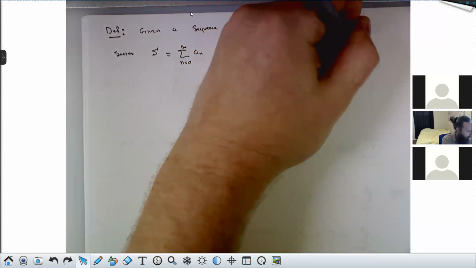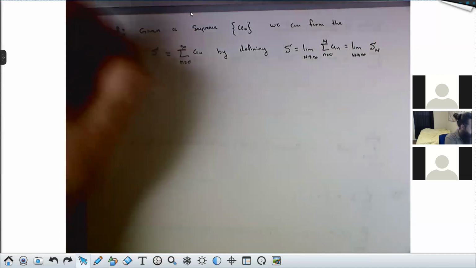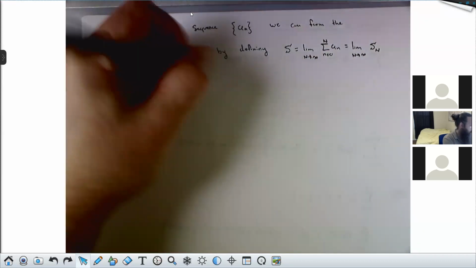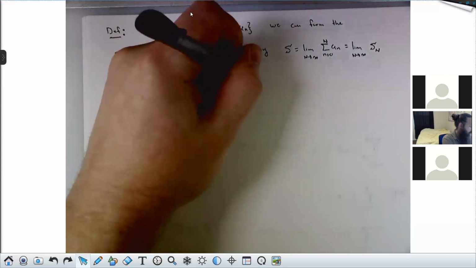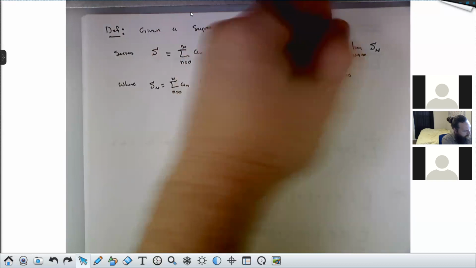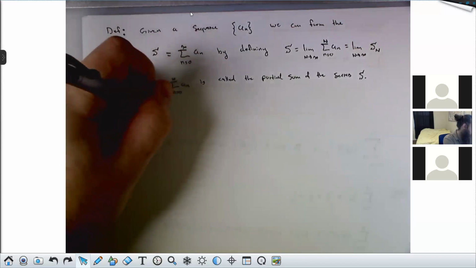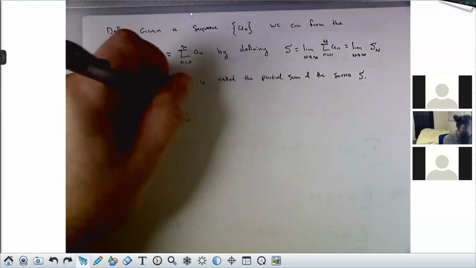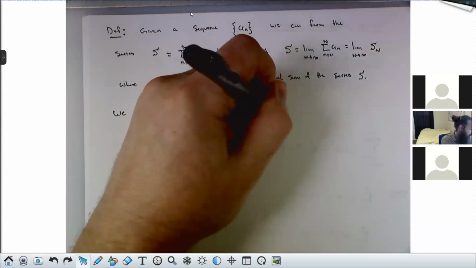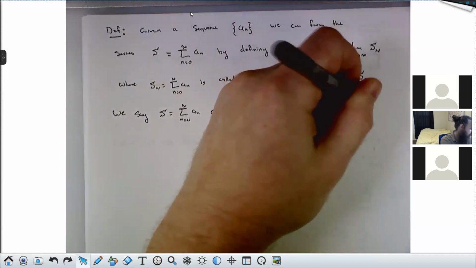And again, that finite sum we usually refer to as S sub N, where S sub N equals sigma little n from 0 to N of A sub little n is called the partial sum of the series S. Okay, we say the series S, the full infinite series, converges if that limit, lim N to infinity of S_N, exists and is finite.